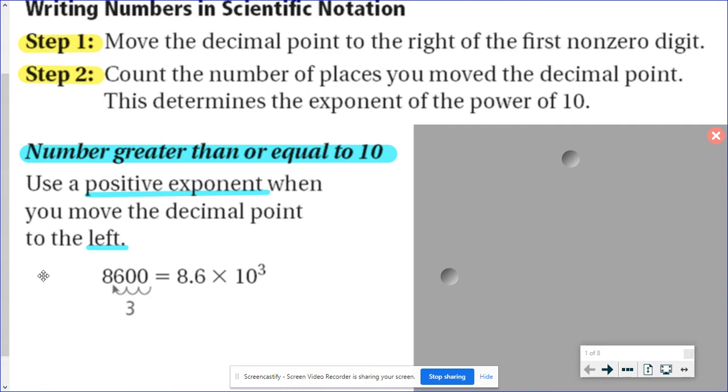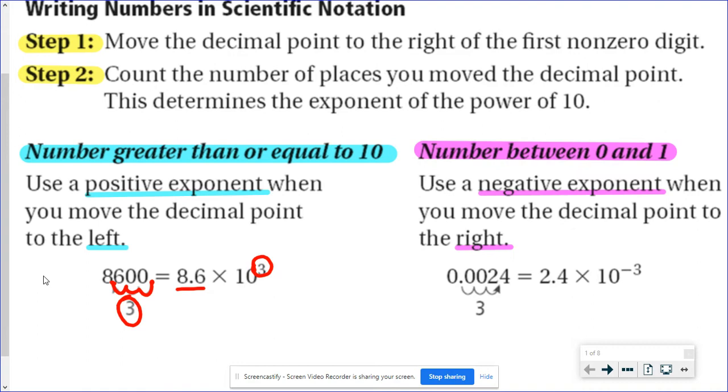My decimal started right here, and to get one number in front of the decimal that's not a zero, I had to move 3 places. 1, 2, 3. Now it's right here between the 8 and the 6. So that's where my 8.6 comes from. That's my factor. Now we've got our x for the multiply. Yuck, but I can't control that. And then the 3 tells me how many places I moved my decimal.